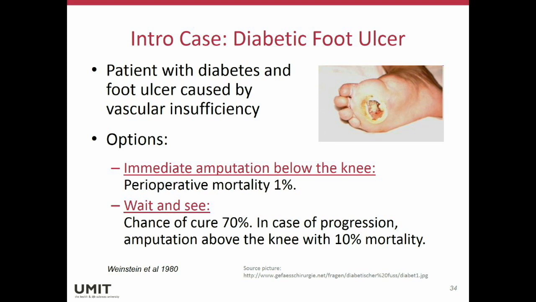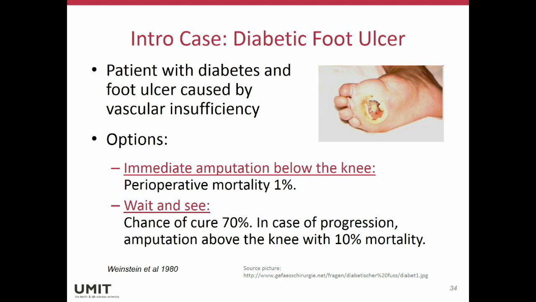The immediate amputation below the knee gives you a perioperative mortality of 1%, and the wait and see gives you a chance of cure of 70%, which is, I mean, you're cured from that foot, you go back to normal.